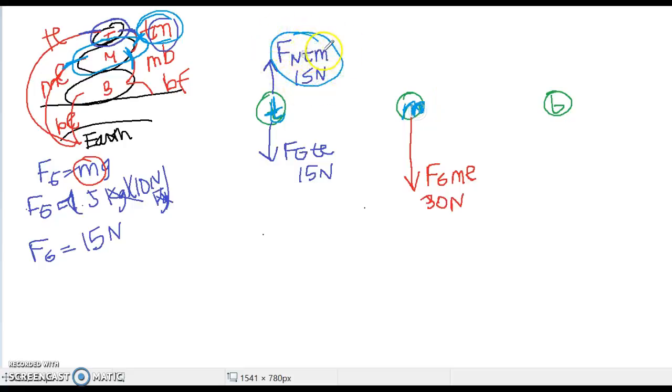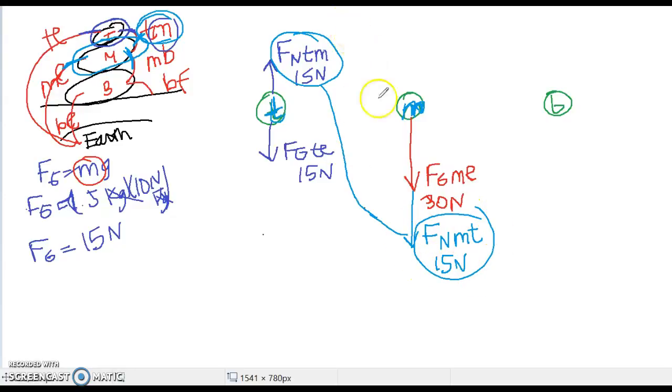See, because this is top and middle, so I need a pair to that that's middle top. Okay, so it's going to have to be down here because it has to be equal and opposite. Same force type, normal, but the feeler dealer have switched places. Okay. And the amount has to be the same, so that's going to be 15. So that's my pair. Okay.